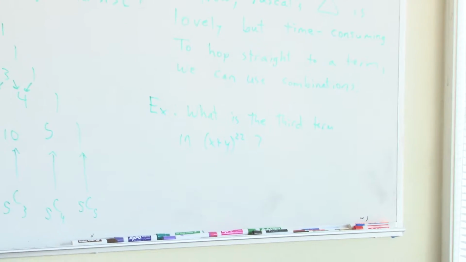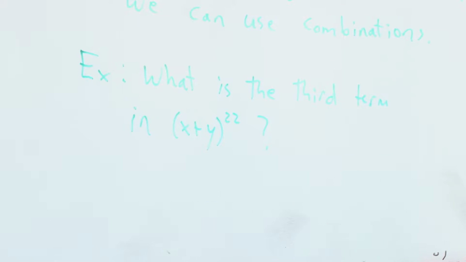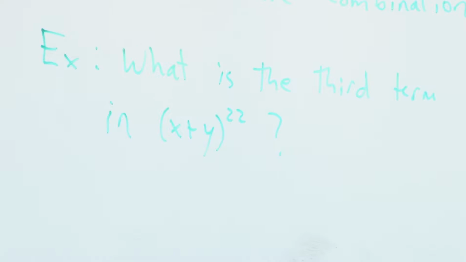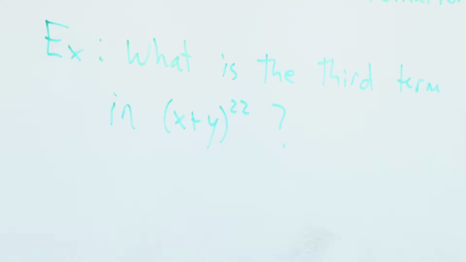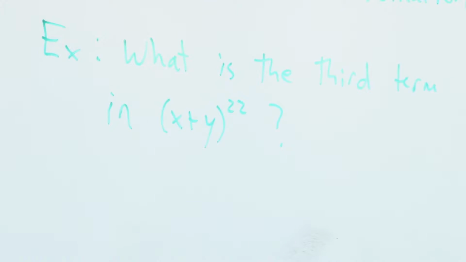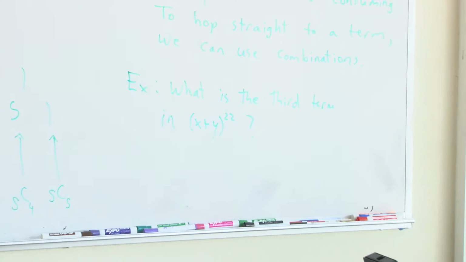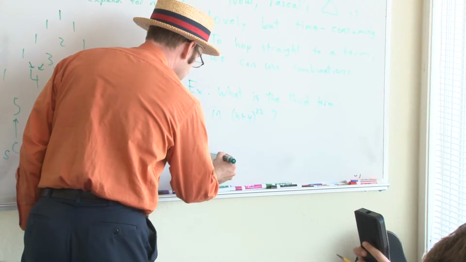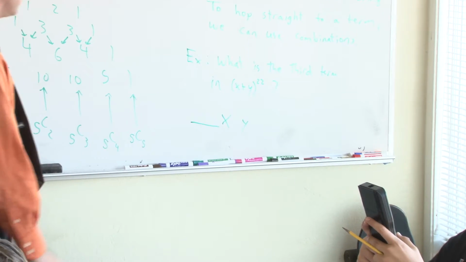So what you can do is expand it. It might take a little bit, not too long. That's fine. Look at what the third term is. If it were like the 17th term, it might be a little annoying counting spaces, but it's not terribly inconvenient. But for the rest of us, what we're going to do is realize there's a coefficient part, an x part, and a y part.